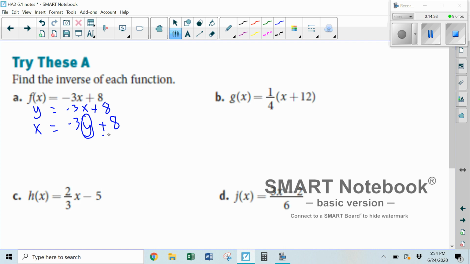I'll subtract 8 on both sides. Now I will divide by -3 on both sides. And finally, I need to change this y into f inverse.